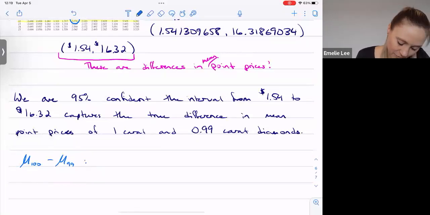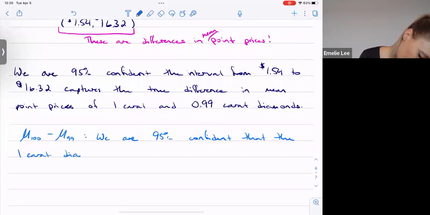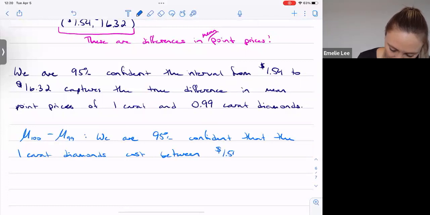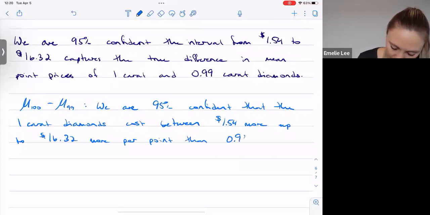So in terms of the differences, we are 95% confident that the 1 carat diamonds cost between $1.54 more up to $16.32 more per point than 0.99 carat diamonds.